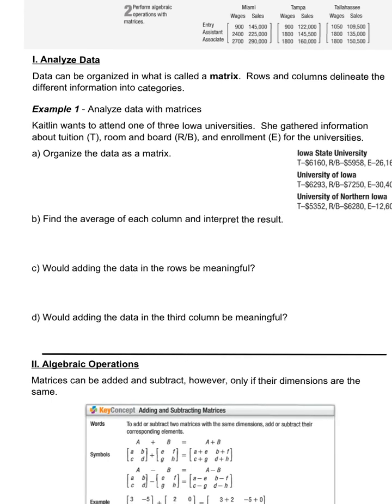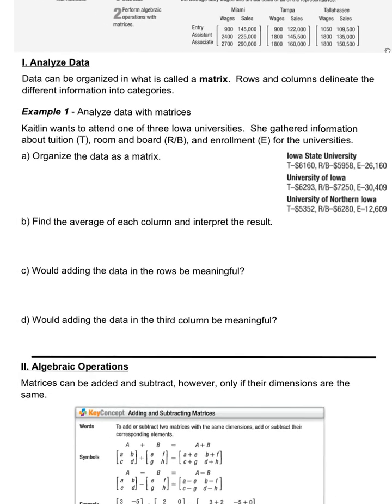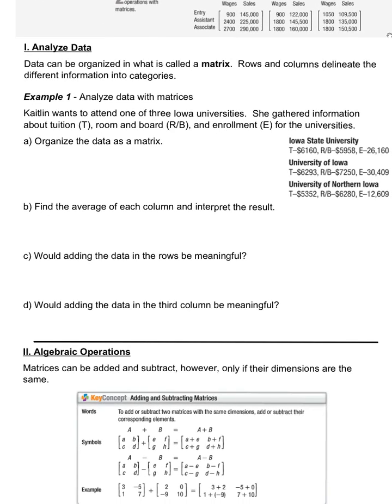All right. So we're looking at this: Caitlin wants to attend one of 3 Iowa universities. She gathered information about tuition, room and board, and enrollment for the universities as pictured here. It says we just want to organize the data into a matrix. So literally, all you do is take the numbers out of the problem and put them in matrix form. 52, 59, 58, 72, 50, 62, 80.